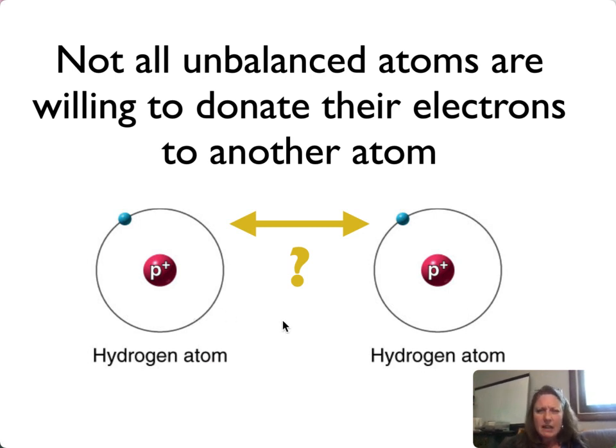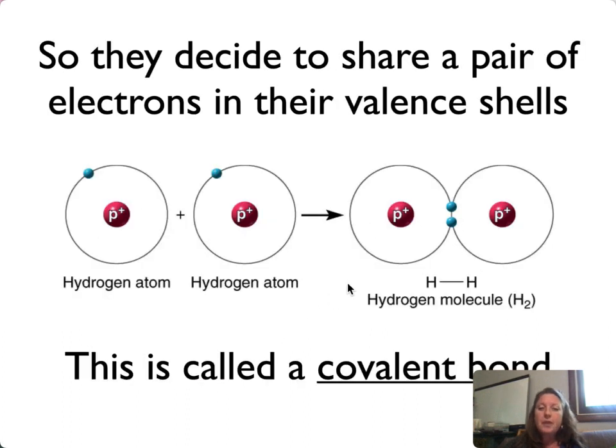So they puzzle on this for a little bit, and then it occurs to them that they could just share. And that's what they do. They get closer together and then they share the electrons, which means that both of these electrons are orbiting around this proton or this nucleus and also around this nucleus.